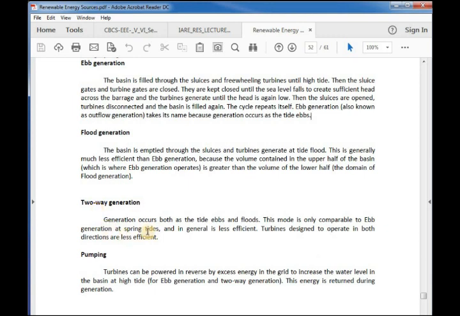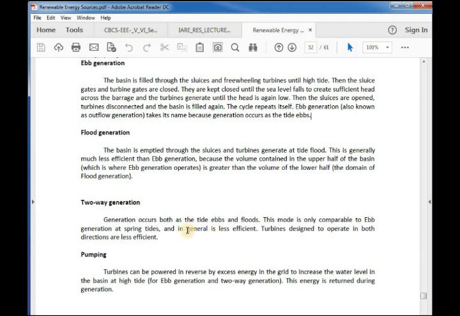Combined or two-way generation occurs as the tide both ebbs and floods. That means whenever you have either a low tide or a high tide, generation is taking place. This mode is comparable to ebb generation at spring tides and in general is less efficient, since the turbine is designed to operate in both directions.